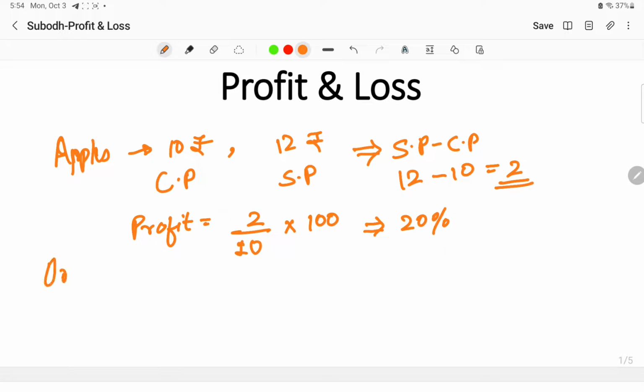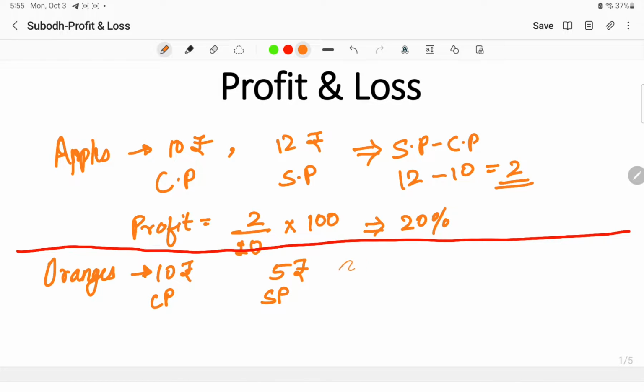Now let's see the second scenario for loss. If you have oranges which you have bought for 10 rupees, this is your cost price, and if you are selling it for 5 rupees, this is your selling price.